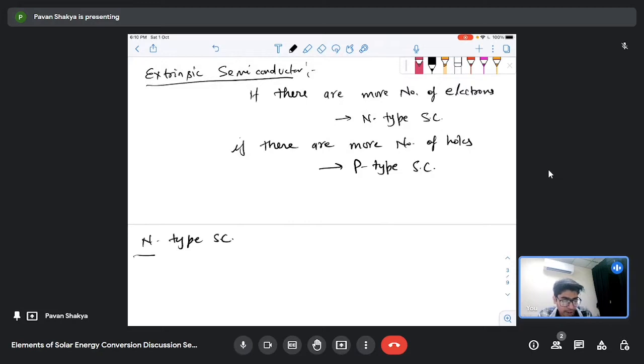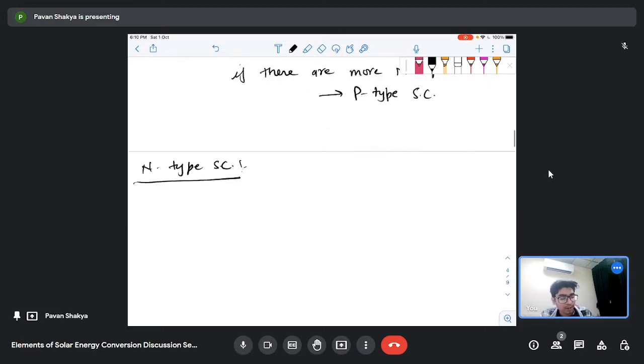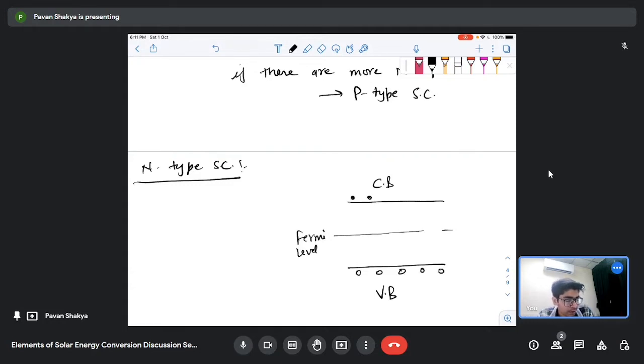In the n-type semiconductor, suppose these are our valence band and conduction band, and in between there is the Fermi level. Initially there are equal numbers of holes and electrons.